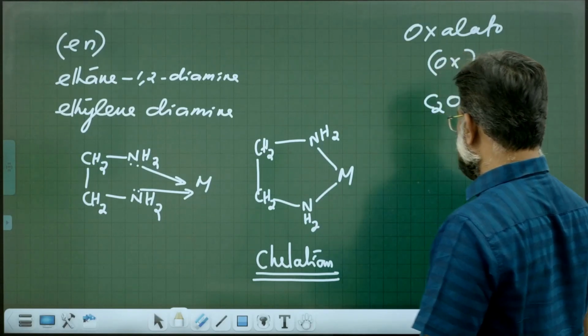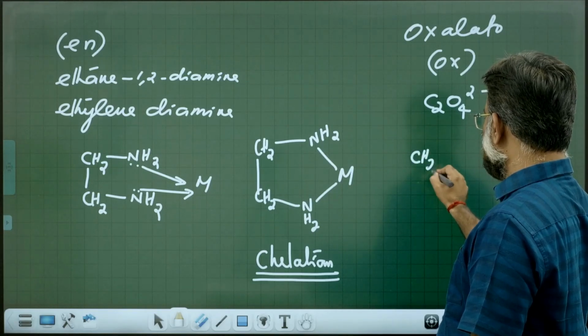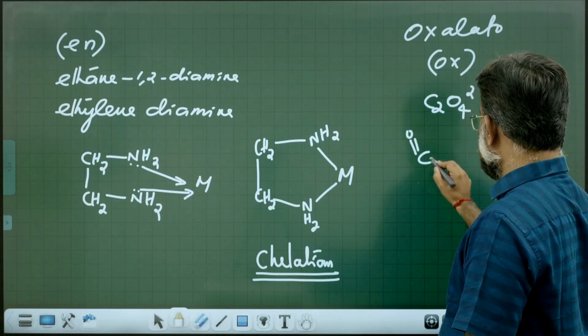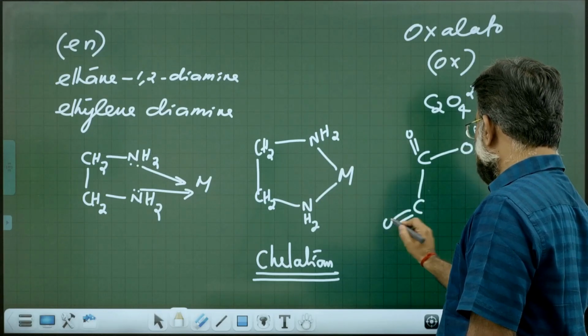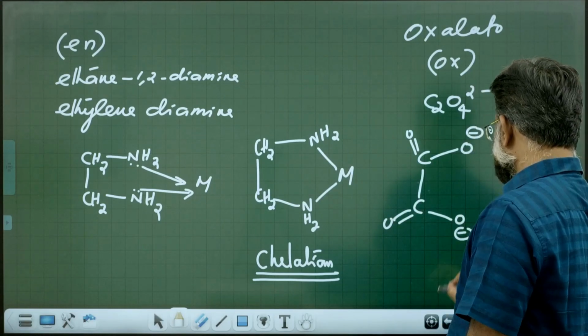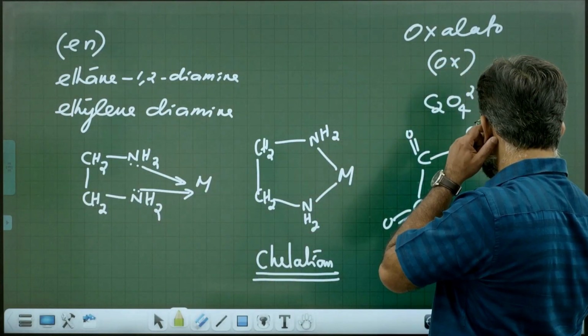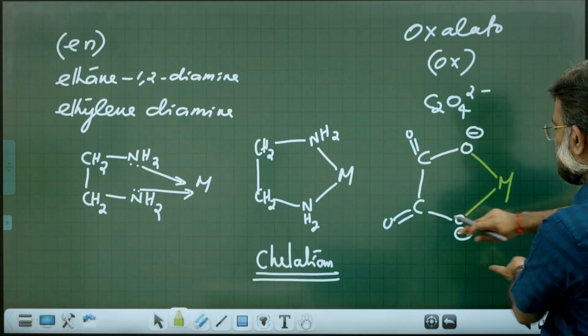C2O4 2 minus. How is oxalato formed? It is C double bond O minus, C double bond O minus, and that will make two linkages at a time with the central metal atom. That also forms a ring type complex.